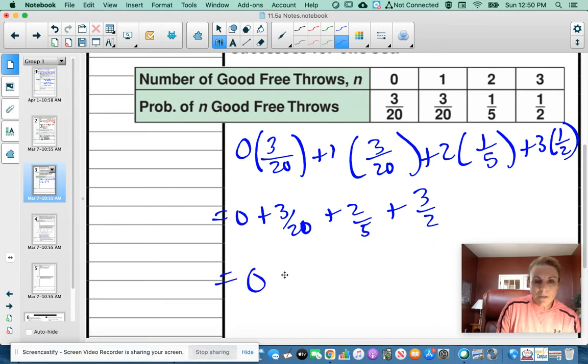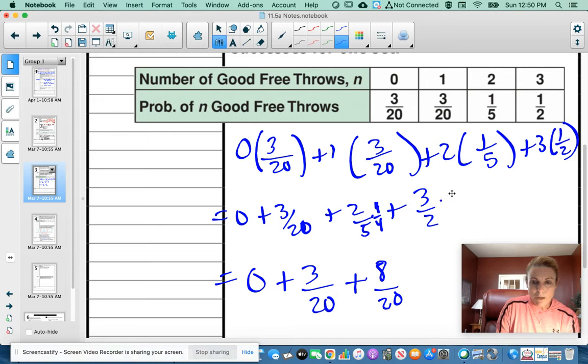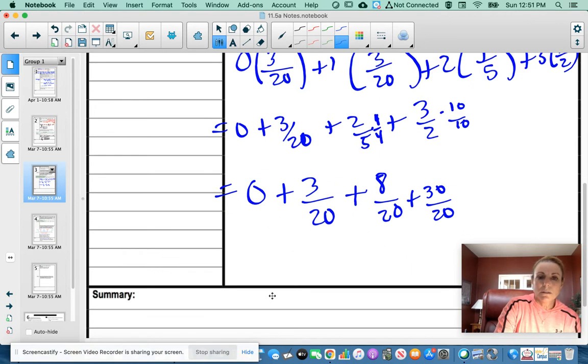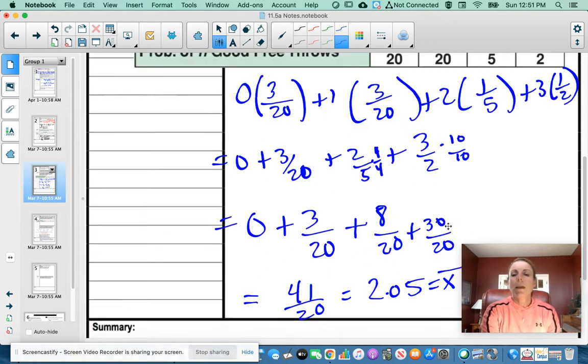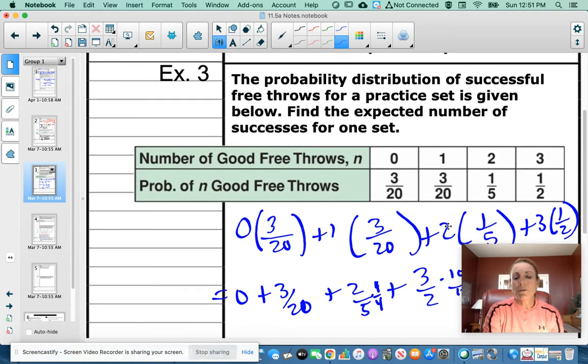And if I didn't have a calculator and I needed to do this by hand, I would get a common denominator, which is going to be 8 over 20 because I multiplied by 4 over 4. And here I multiplied by 10 over 10. And when we add those together, 3 plus the 8 and the 30, we get 41 over 20, which is 2.05. That is the expected number of successes.